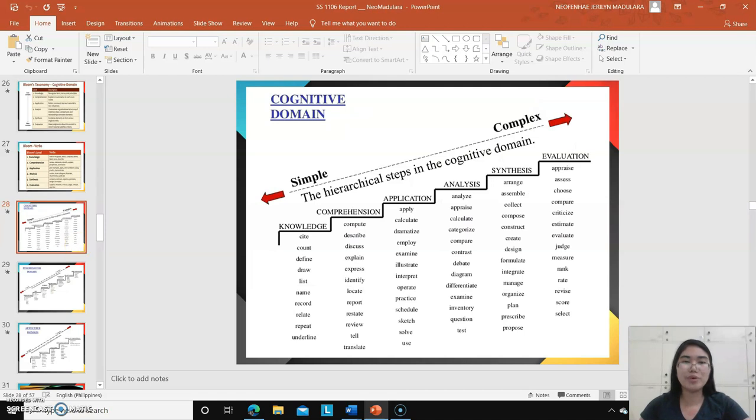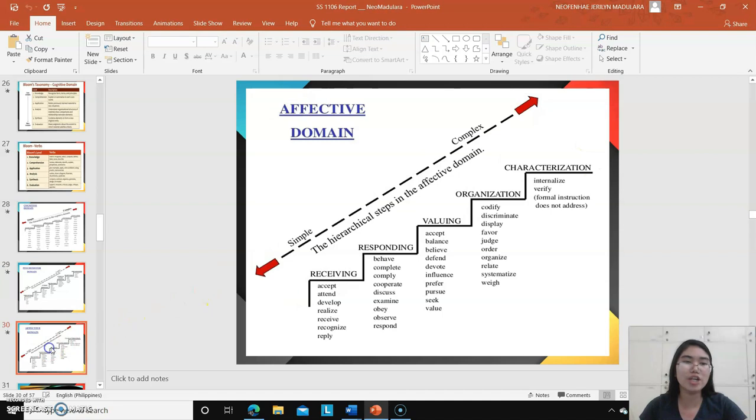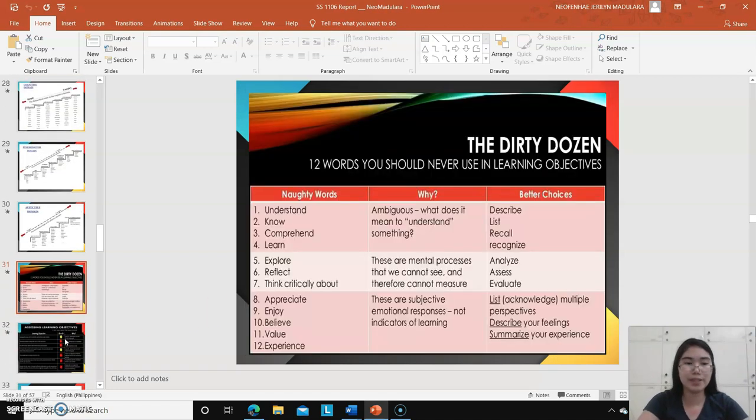So these are the words that could be used from simple to complex, from knowledge to evaluating and creating. We have also here the psychomotor domain, from simple to complex, perception to organization. Another list of words from simple to complex: receiving, responding, valuing, organization, and characterization under the affective domain. And these are the corresponding list of words that we could use in this specific domain.